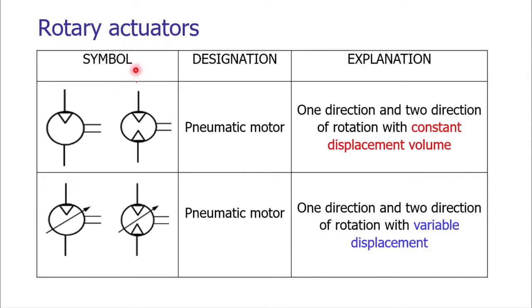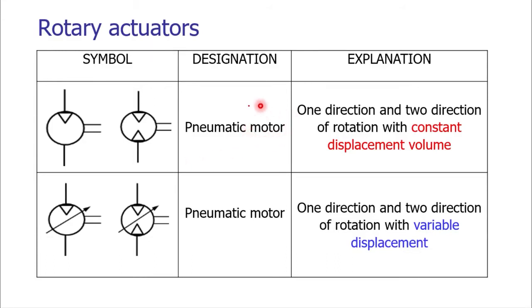Now the rotary actuators can be designated by using the symbols which you can see on your screen. We are using a circle with a triangle, and the direction of the triangle is opposite to the direction of the triangle for the compressor. So it is an actuator which is driven by the compressed air.